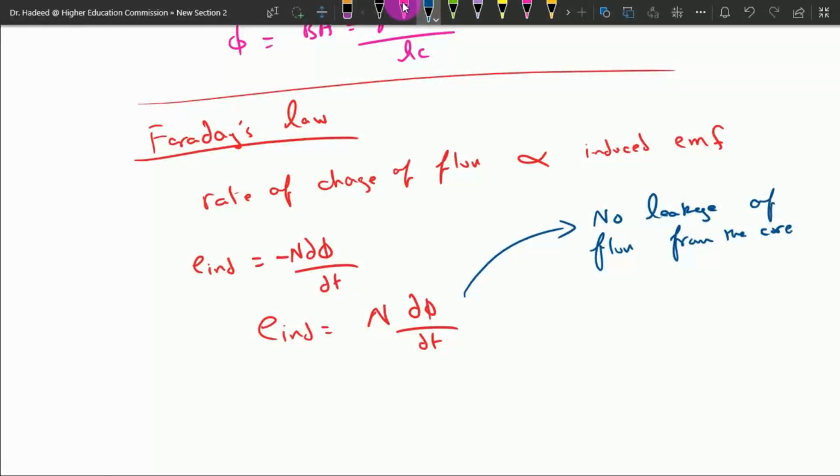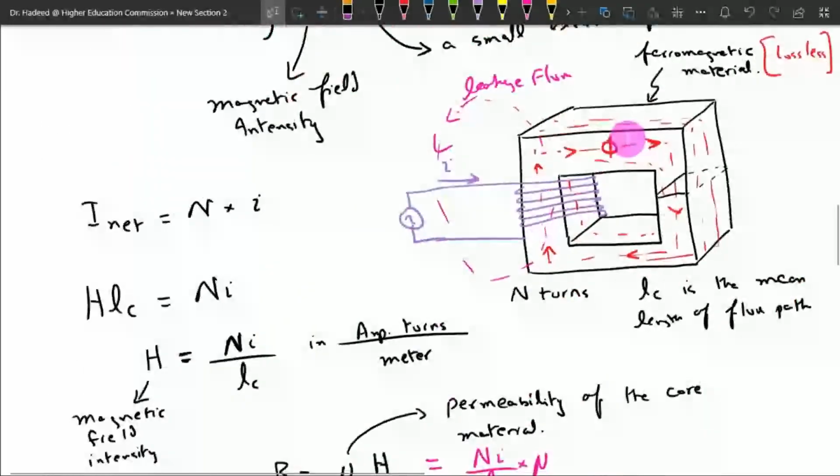The second thing is the phenomenon of eddy current losses. If I go back to this particular diagram, we can see that if this core is made up of a single material, then this flux is also interacting with the core material. With this interaction, because of the induced voltage within the core, we have localized currents, and these currents have this type of shape.